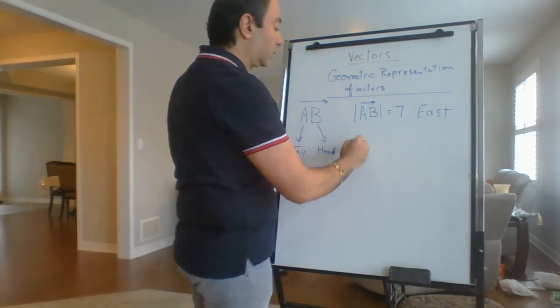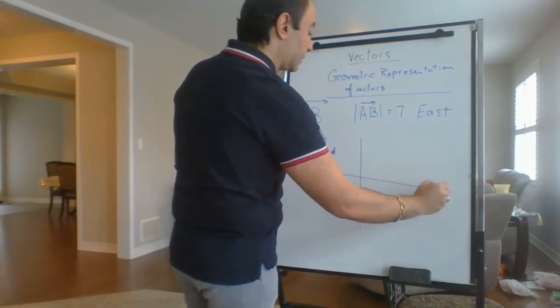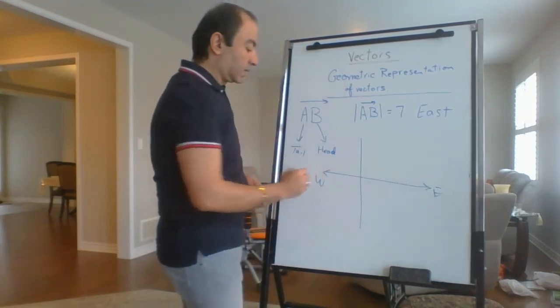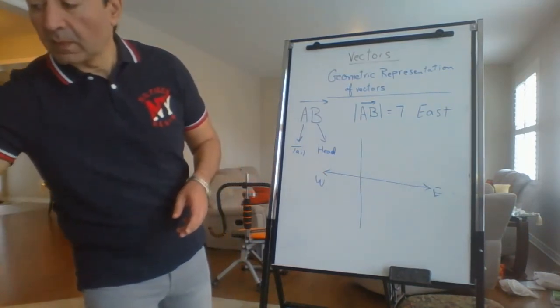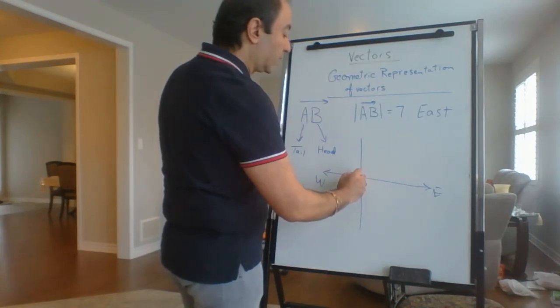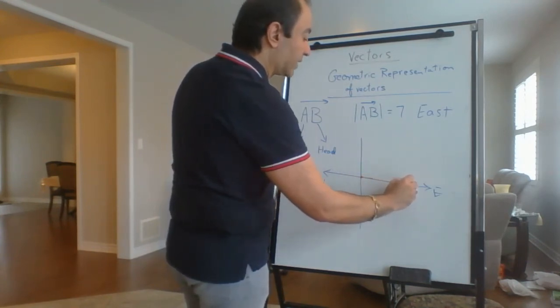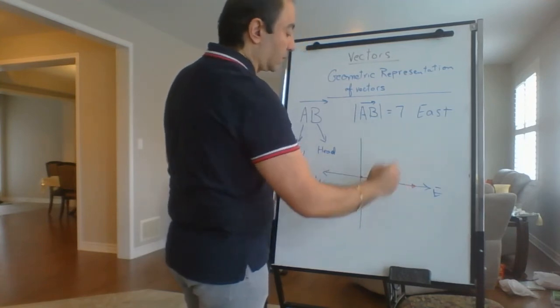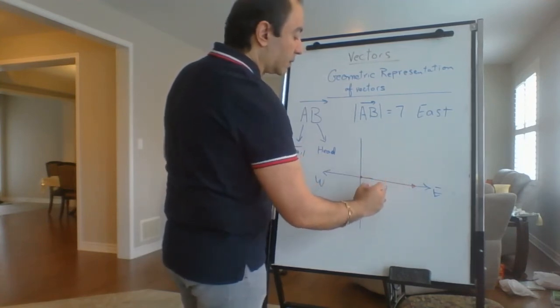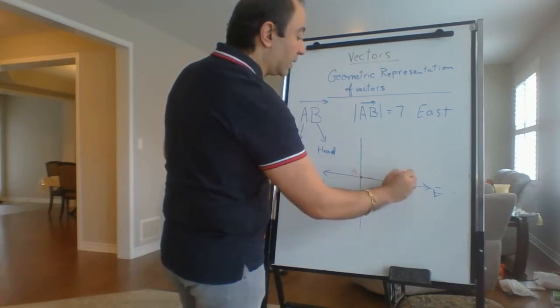Okay, so this is the east and this is the west. So I'm going to draw a vector with a length of 7 whatever units, and this will be vector AB, this will be A, and this will be B.